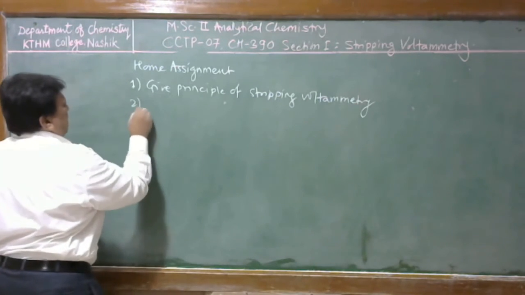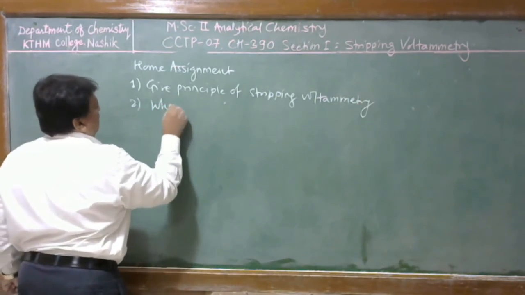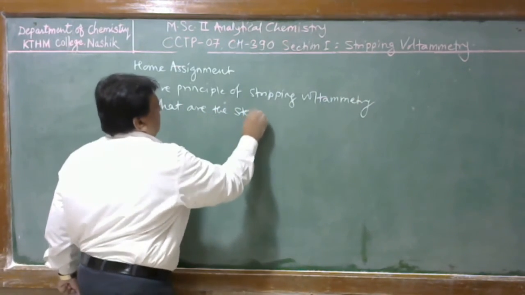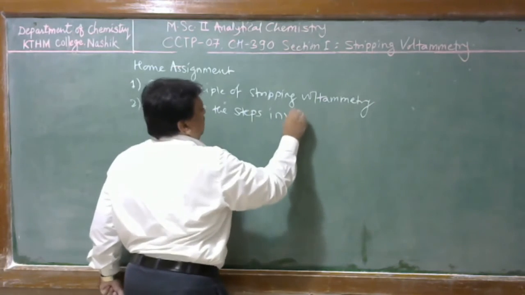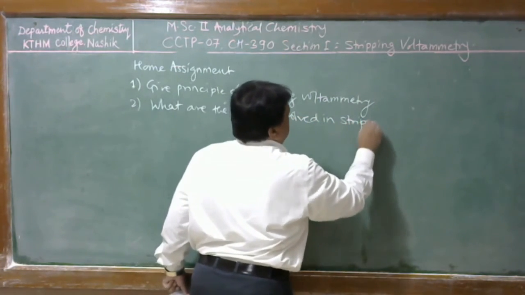Second question, what are the steps involved in stripping voltammetry?